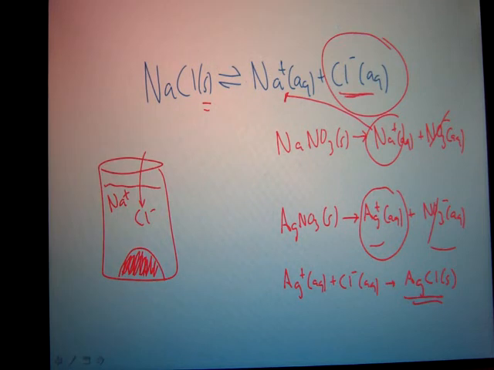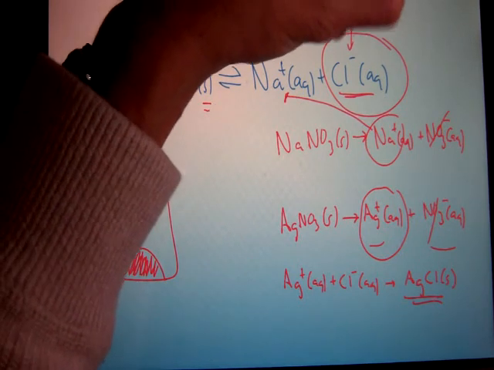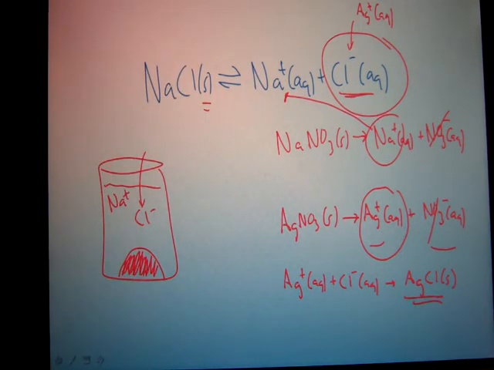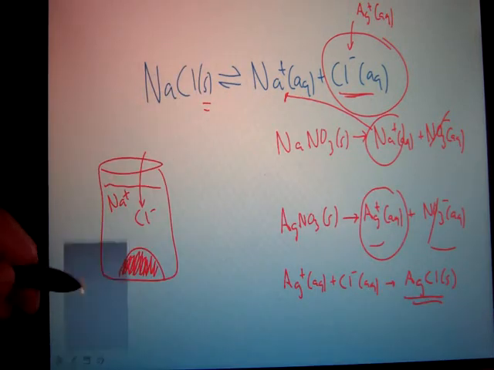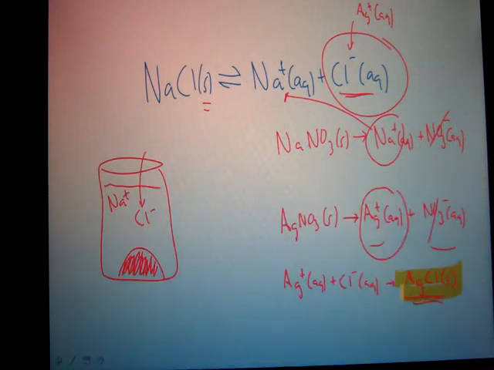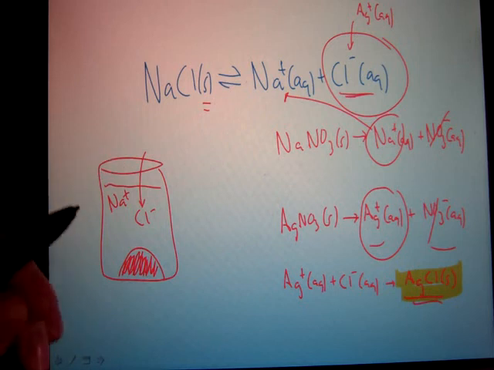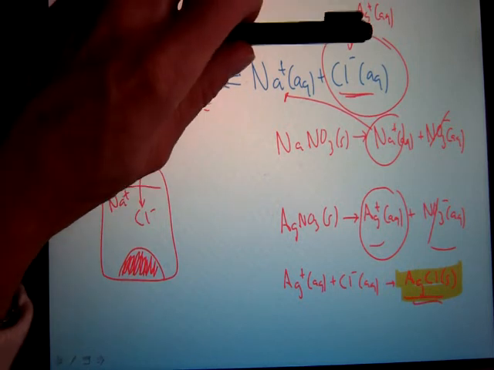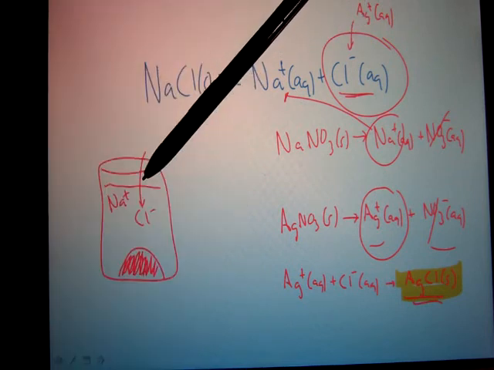As I add silver nitrate to this system, that silver is reacting with that chloride, and as a result, it's removing it from the system because we're making more and more of this silver chloride as the reaction proceeds. So if I add more silver nitrate to the system, silver reacts with the chloride, it's going to shift to replace that missing chloride, therefore shift right. And you'll see an example of that in the lab you do.